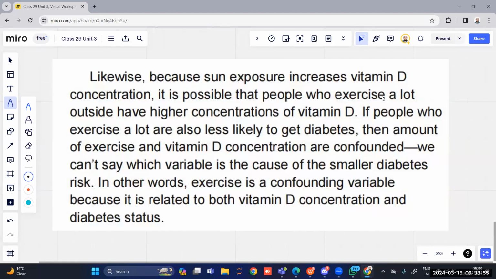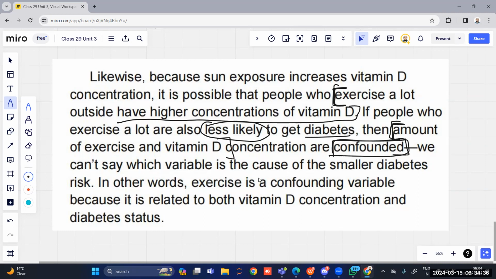So it is possible that people who exercise a lot outside will have a higher concentration of vitamin D. So if people who exercise a lot are also less likely to get diabetes, then amount of exercise and vitamin D concentration are confounded, because they do not have an effect on the change in the response variable, but there is some association between them.